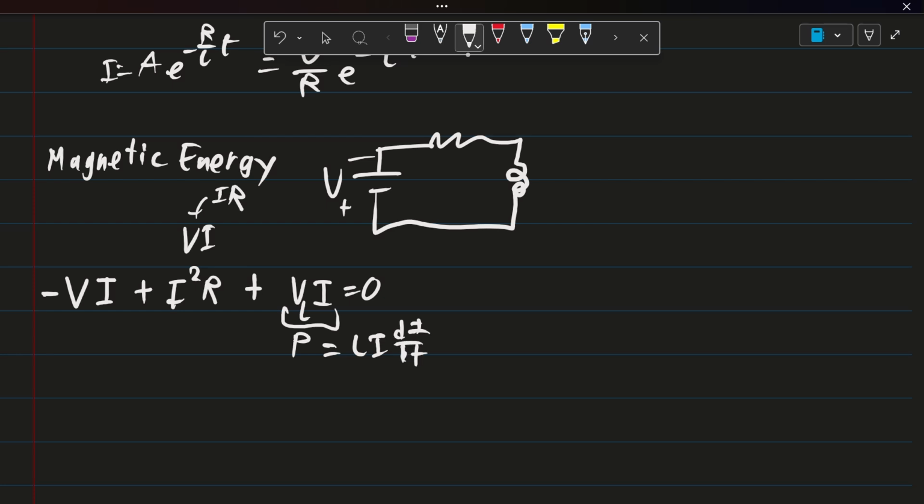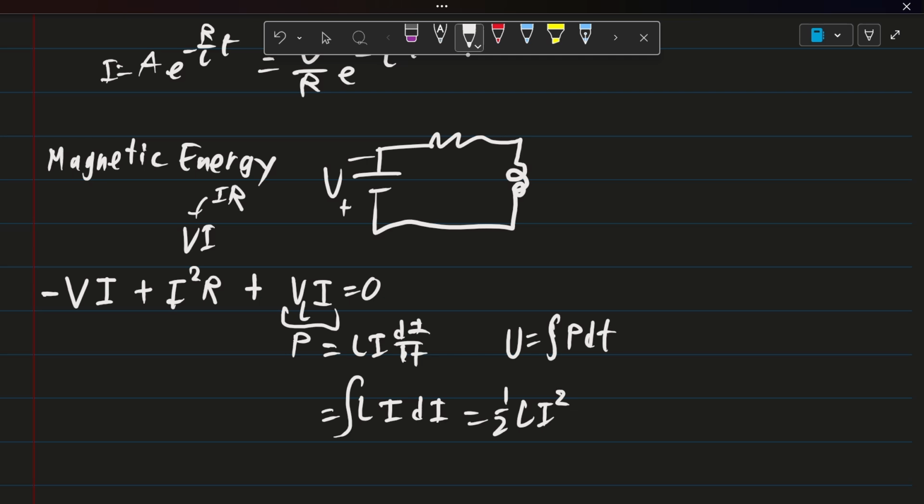But we know how to get energy from power, which is just the integral of power with respect to time. So if we do this, we would get the integral of L i di. Now this integral of L i di is half L i squared.